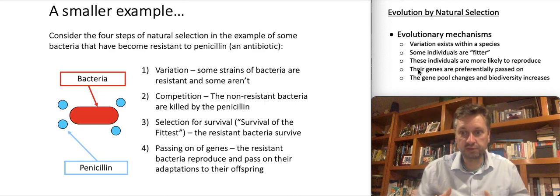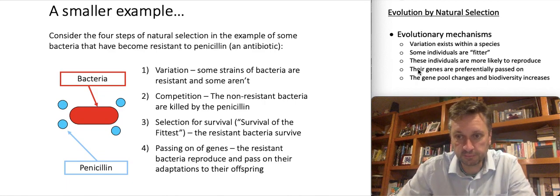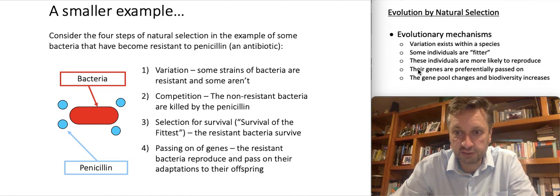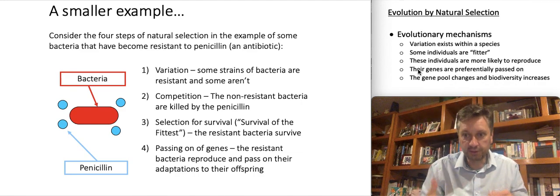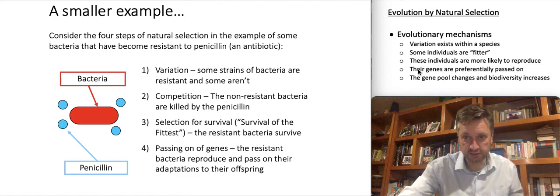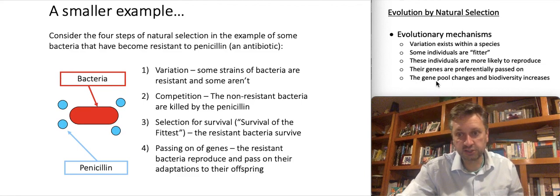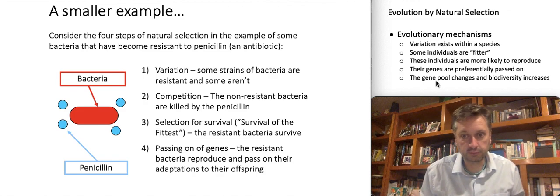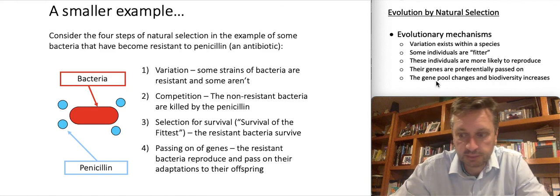Their genes are preferentially passed on to their offspring, because it's those genes that gave them the evolutionary advantage in the first place. And because of those four mechanisms, the gene pool changes over time, and biodiversity increases over time.